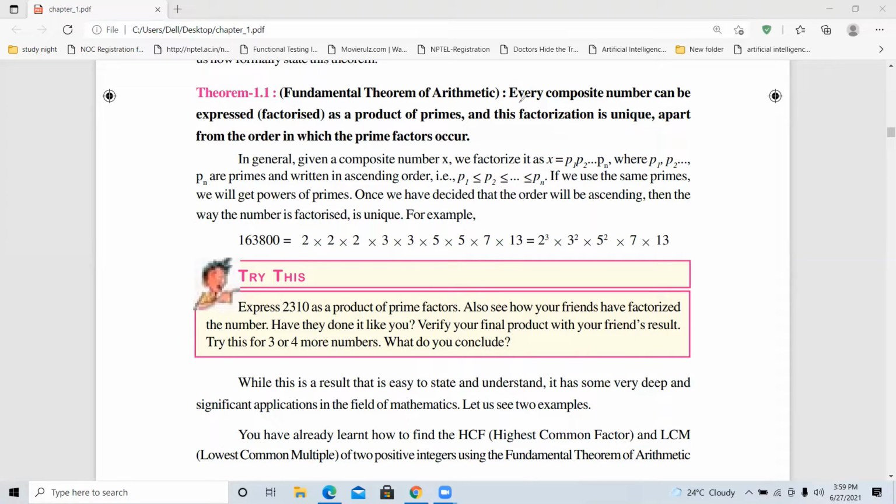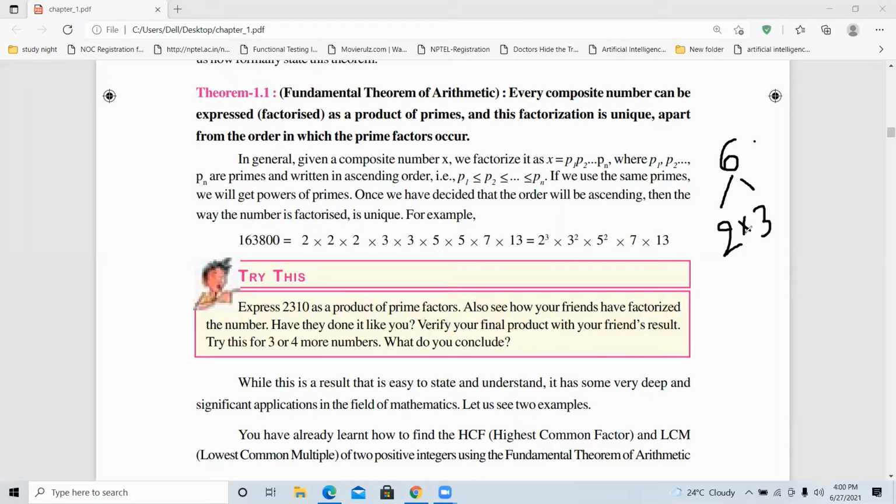Every composite number can be expressed. For example, if we consider 6, which is a composite number, it can be expressed as 2 into 3.